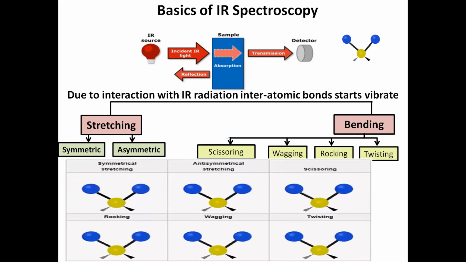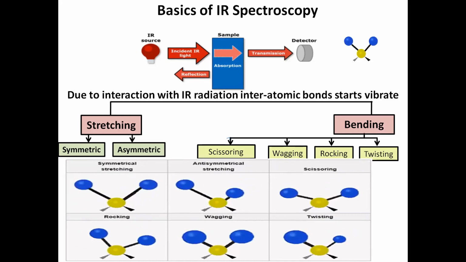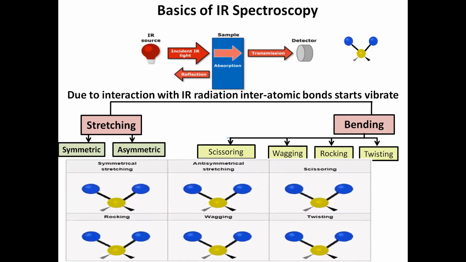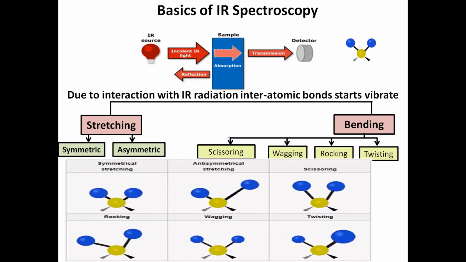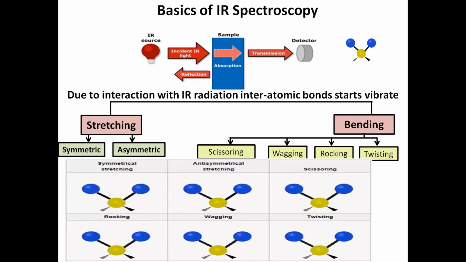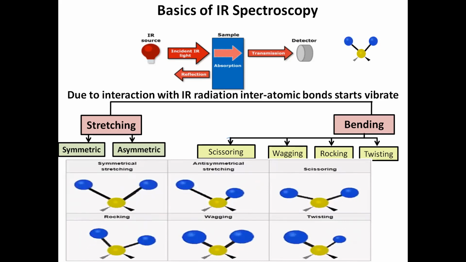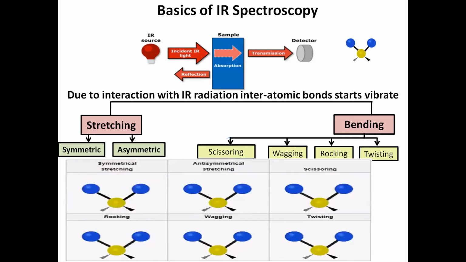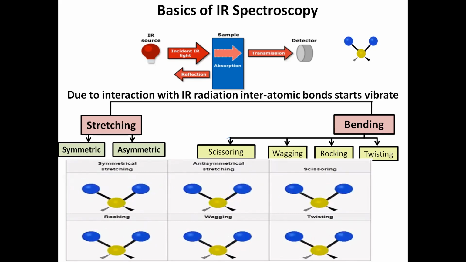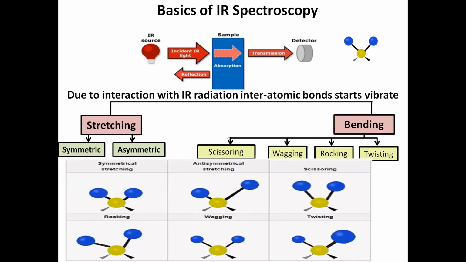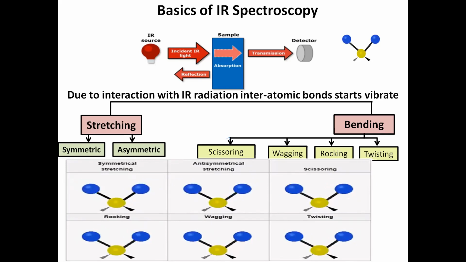Now what will happen when this light is incident on the sample material? When IR radiation interacts with the bonds present in the sample material, the IR radiation starts vibration in the interatomic bonds present in the molecule. Now what kind of vibration will take place?